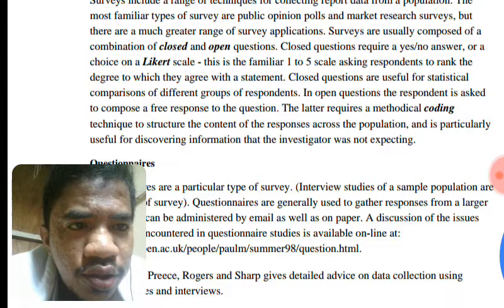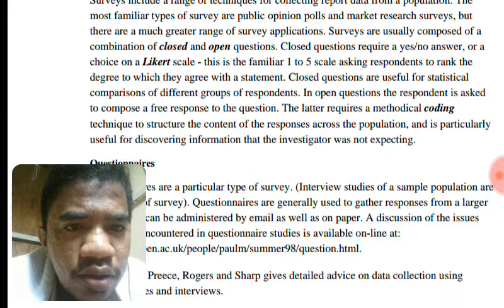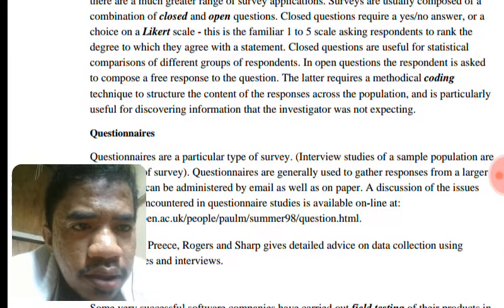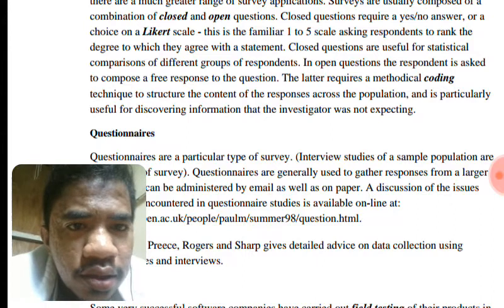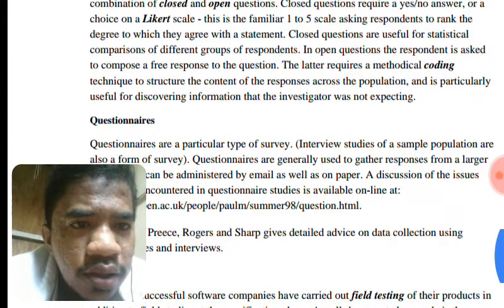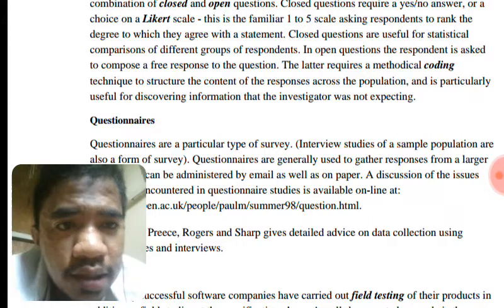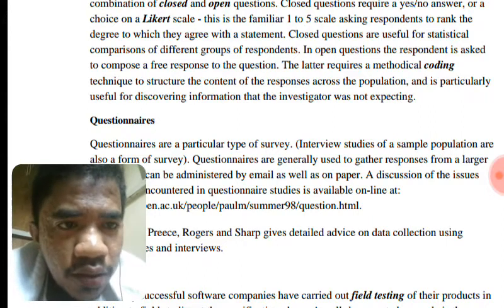Closed questions are useful for statistical comparison of different groups of respondents. In open questions, the respondent is asked to compose a free response to the question. This requires a methodical coding technique to structure the content of the responses across the population, and is particularly useful for discovering information that the investigator was not expecting.